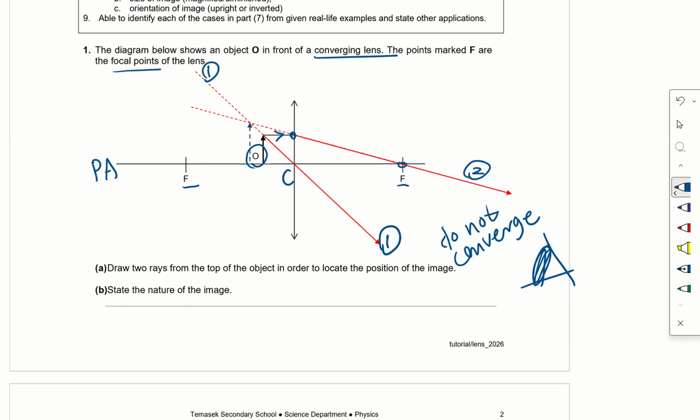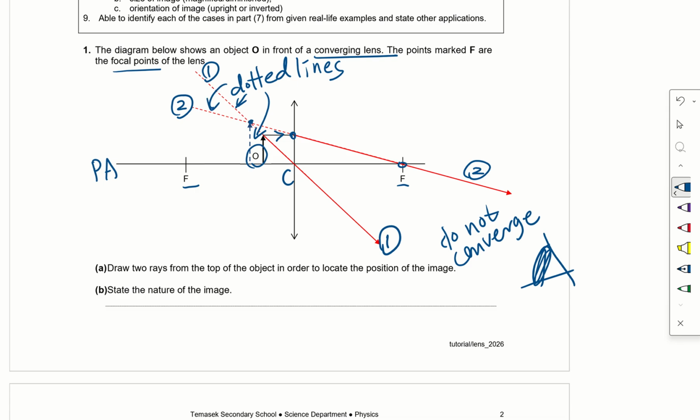This is for light ray 1 and this is for light ray 2, and they are drawn using dotted lines because they are actually not there. It is what the human perceives the light rays to come from. In this position where they meet is where the virtual image is formed. That's why again we use dotted lines to show that these are not real light rays.